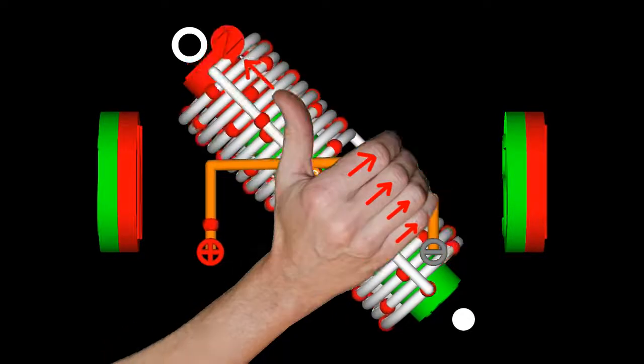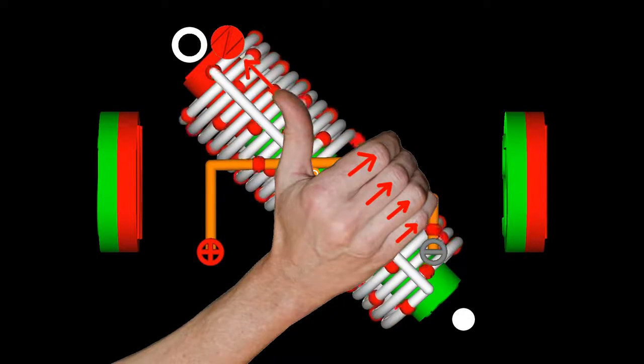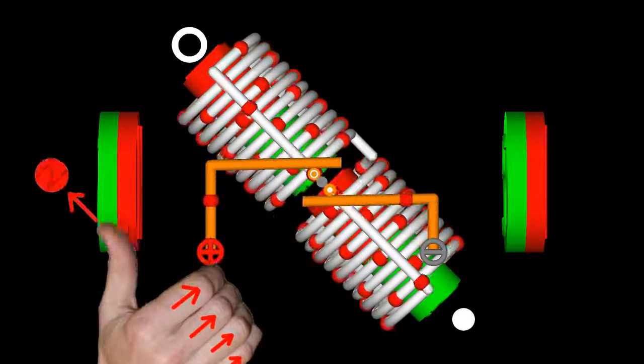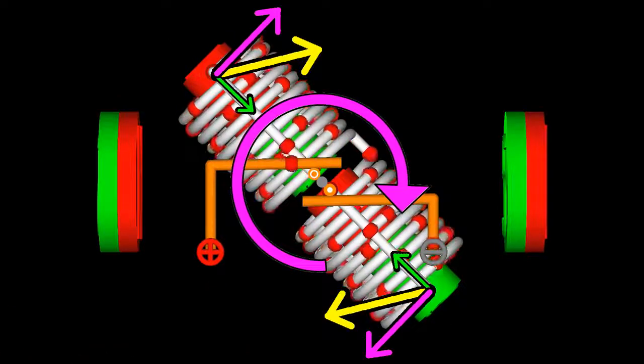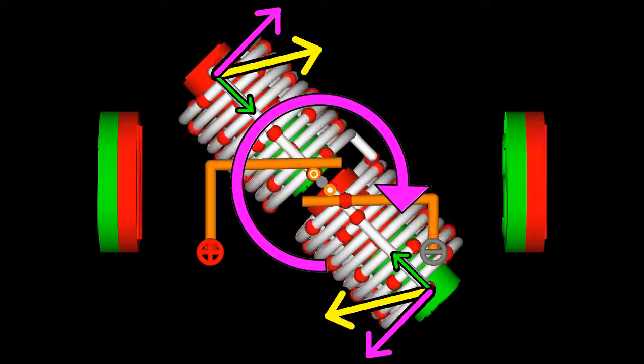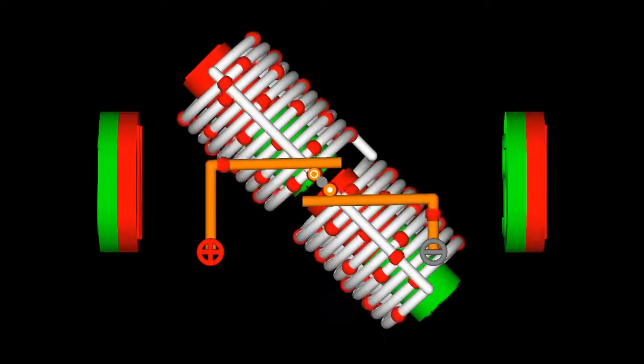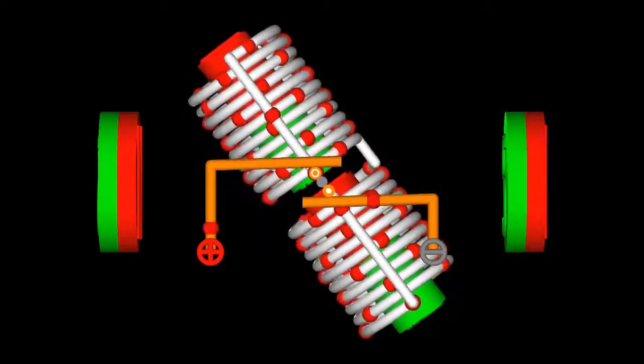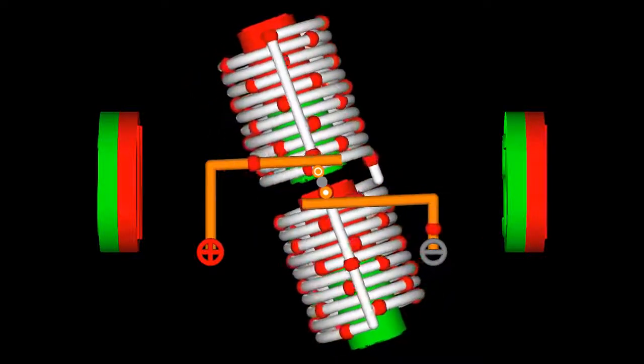Accordingly, the magnetic north pole now points in the direction of the wire end marked by a circle. Because the electromagnet has rotated 180 degrees from its initial position, once again the north pole is located at the top left of the arrangement, same as in the initial state.